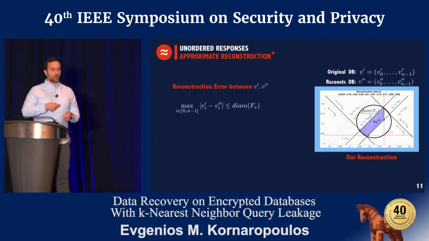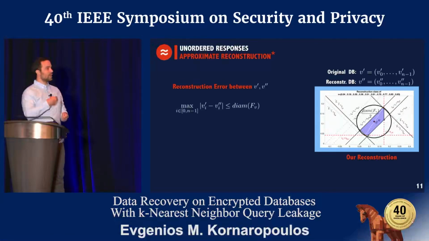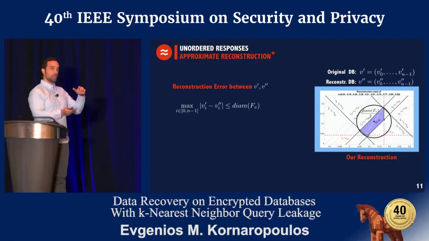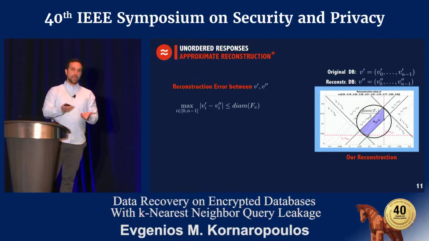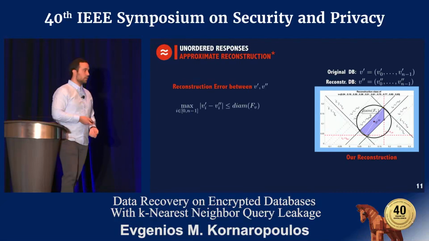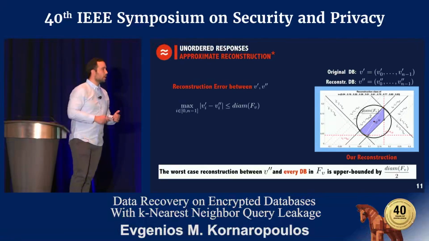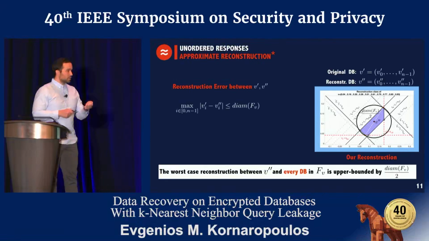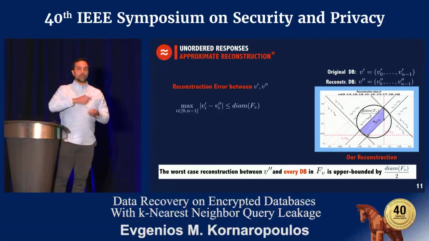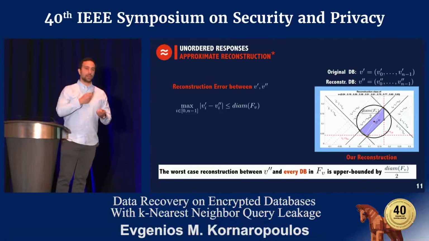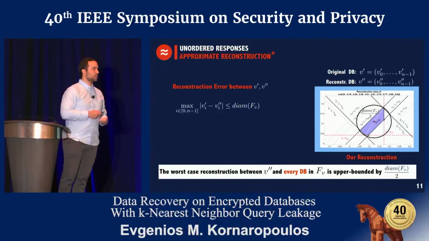We approximate the Voronoi diagram, we define the constraints, we construct the polygon, construct the circle, and output the center of the circle. And the guarantee that we give is that in the worst case, our reconstructed v double prime is at most diameter over 2 away from every plaintext database of the feasible region.